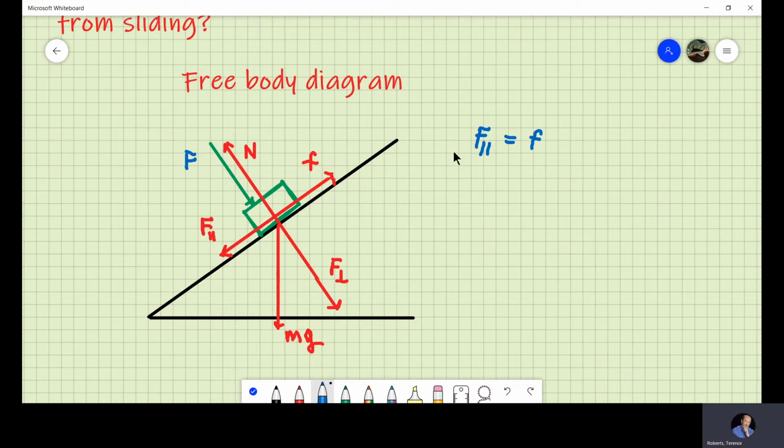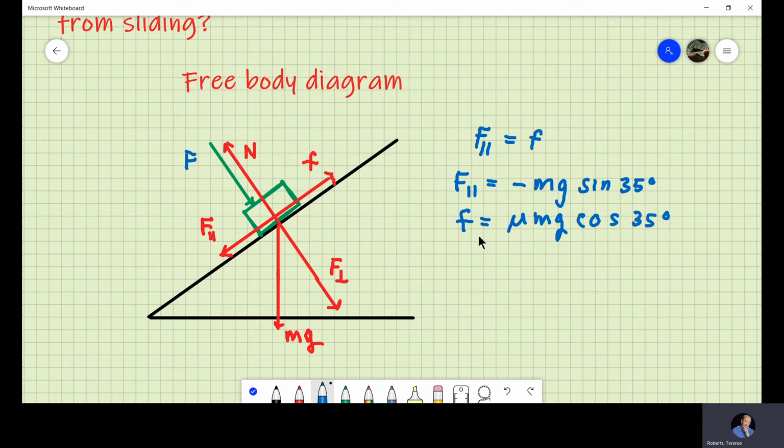We can figure that out by making F parallel equal to negative mg sine 35 degrees, and the frictional force is equal to mu mg cosine 35 degrees. We can calculate both of these and see what the difference is. The difference is approximately 9 newtons, and I'm going to put a negative in front because it's going down.